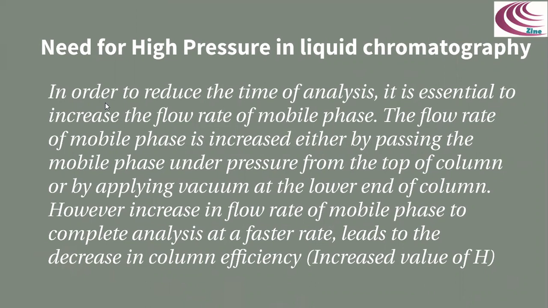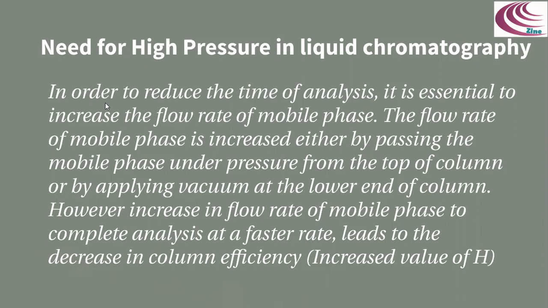So can you guess why the need for high pressure in liquid chromatography? As you know, in classical liquid chromatography, to assure a reasonable flow rate of the mobile phase, the particle size of the stationary phase is kept larger, that is in the range of 150 to 200 micrometer.